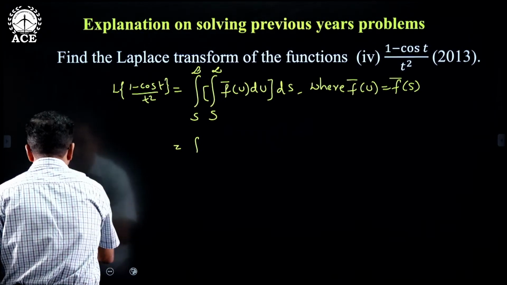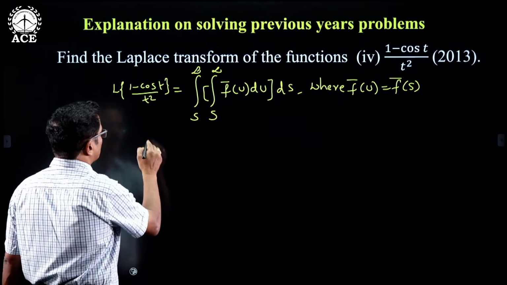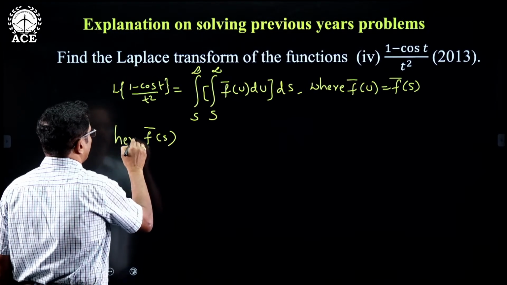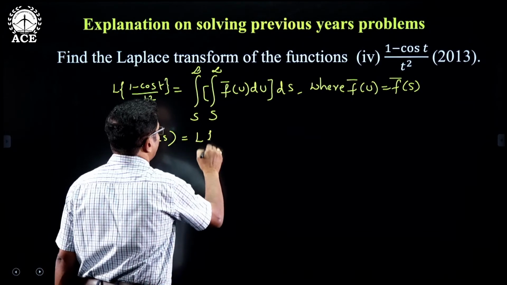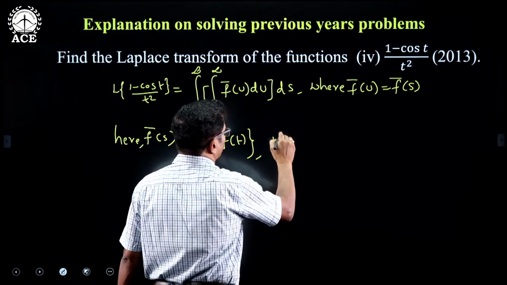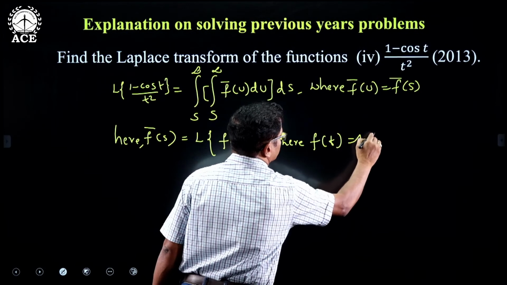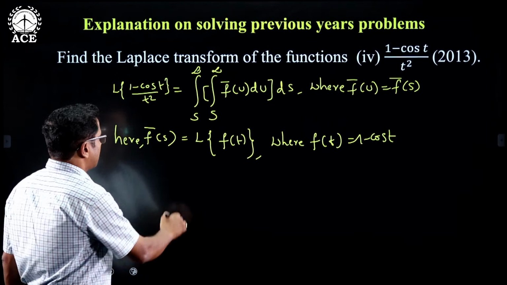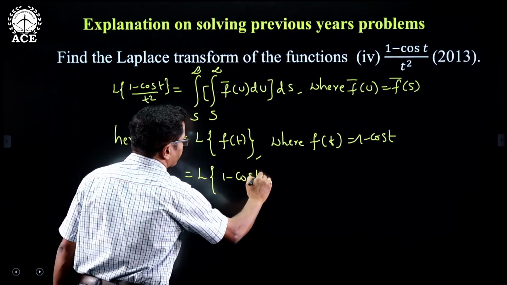So now here f bar of s equals L of f of t, where f of t equals 1 minus cos t, which is equal to L of 1 minus cos t.